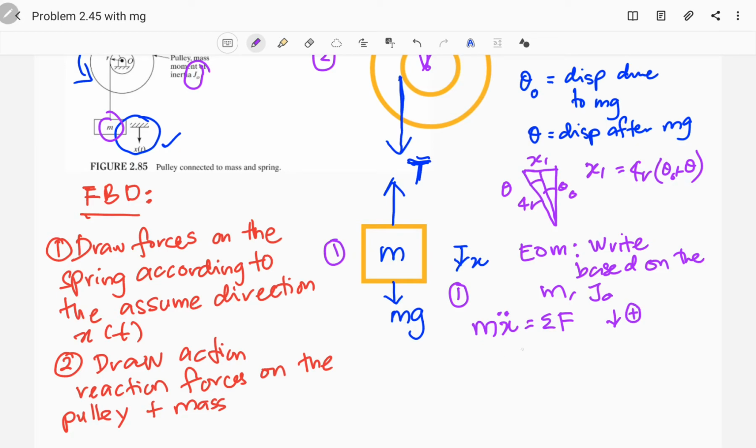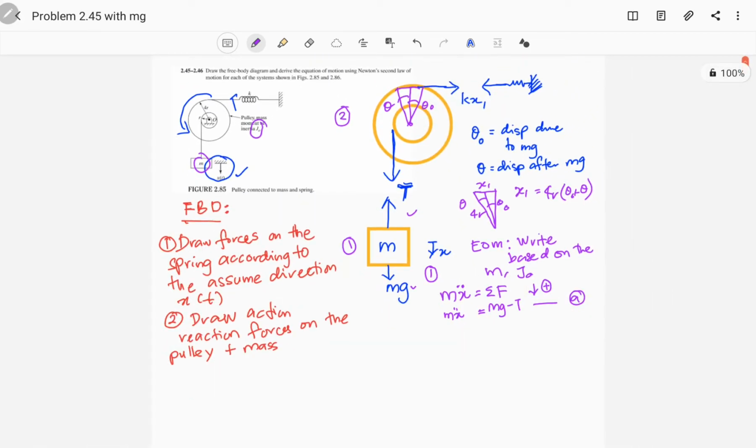From that equation, there are only two forces here, mg and T. So the way you write it is mg minus T. So you have the first equation, let me just call that equation A. And then you have the second equation.